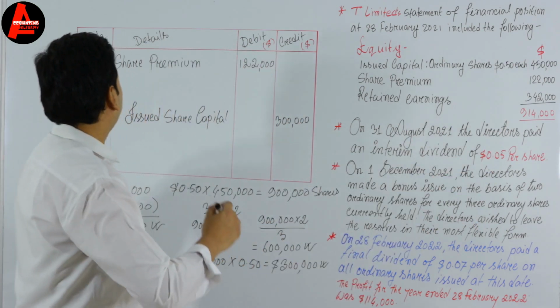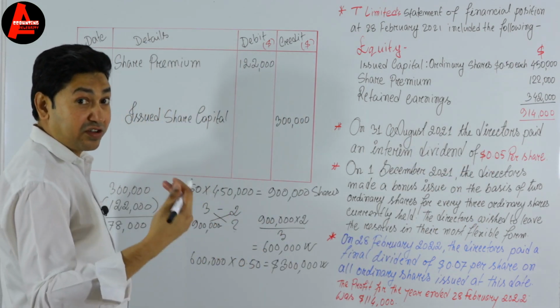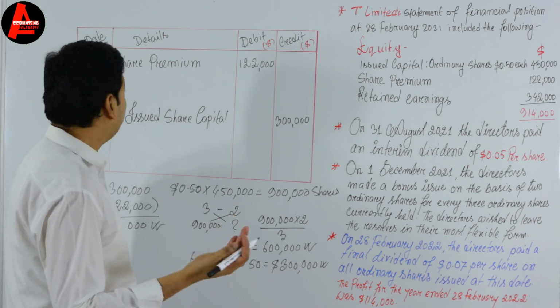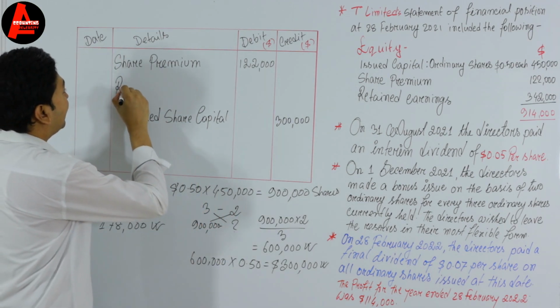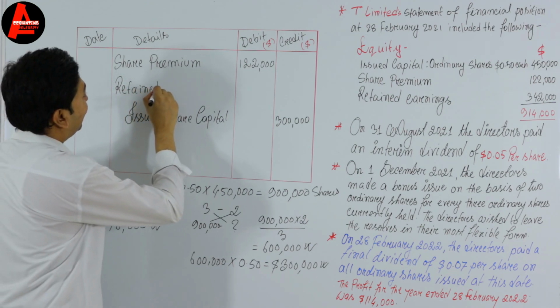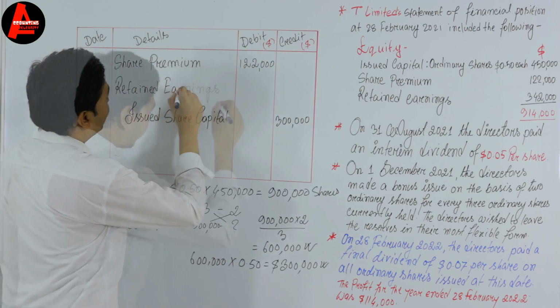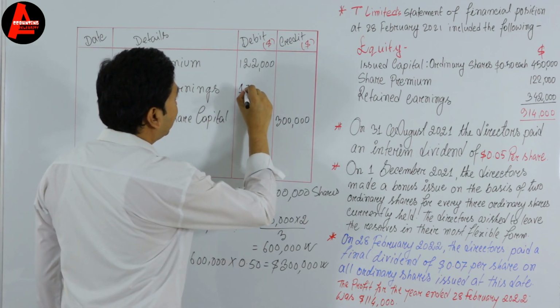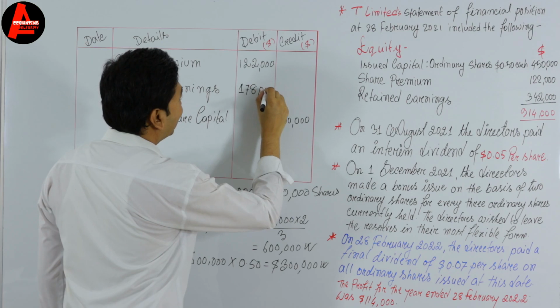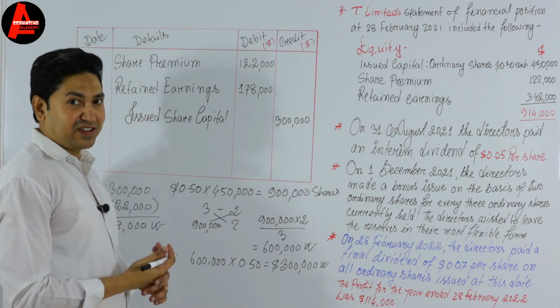So we will write retained earnings, it is also a liability. Now it will be decreased, so it will be debited. We will write $178,000.